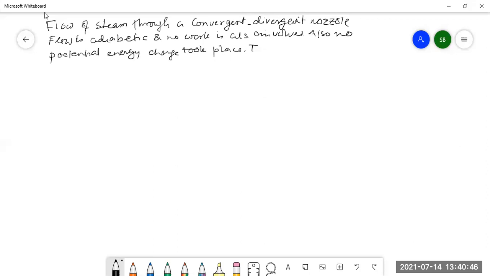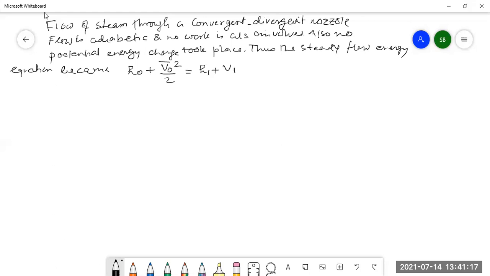Thus, the steady flow energy equation becomes H0 plus V0 square by 2 equal to H1 plus V1 square by 2, which means all the other energies are negligible except the enthalpy of the incoming jet and velocity of the incoming jet.